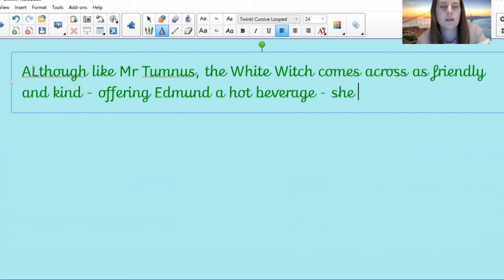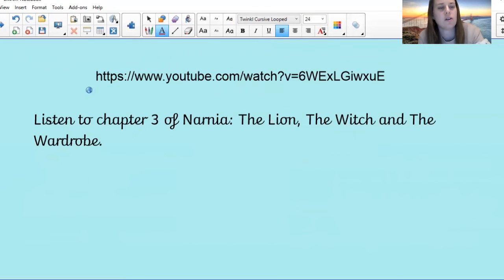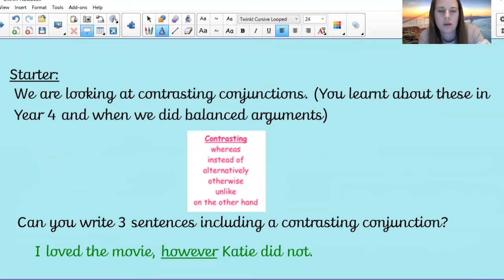Although, like Mr. Tumnus, the White Witch comes across as friendly and kind, offering Edmund a hot beverage. I'm going to click back to the start and have a look for a contrasting conjunction.